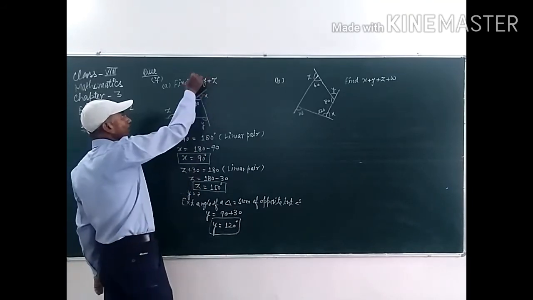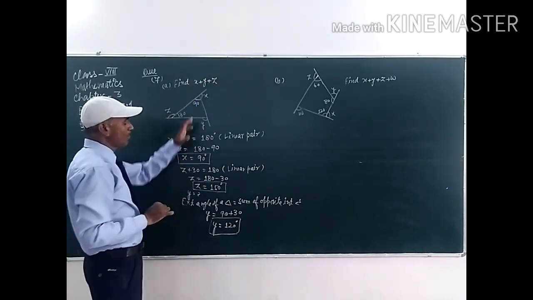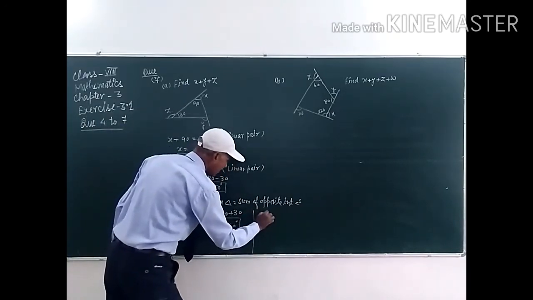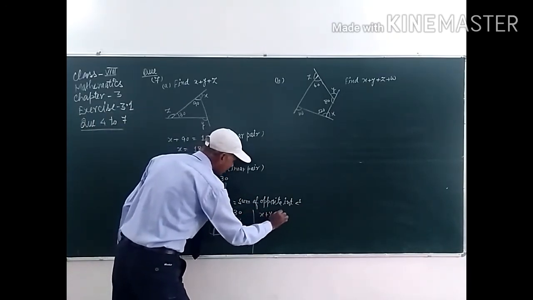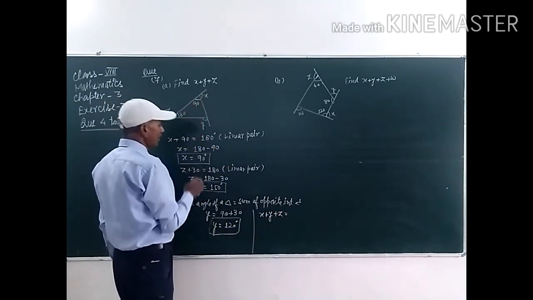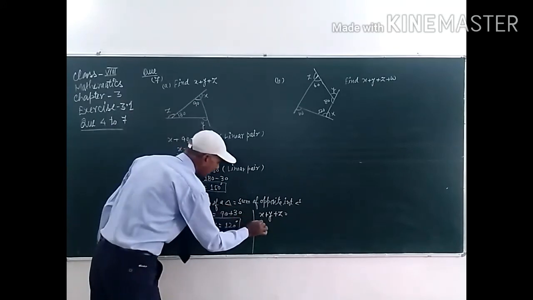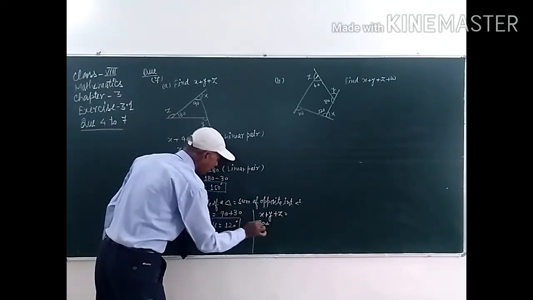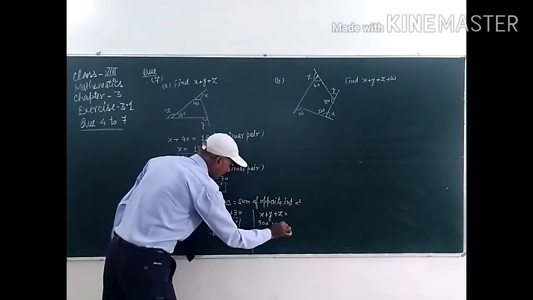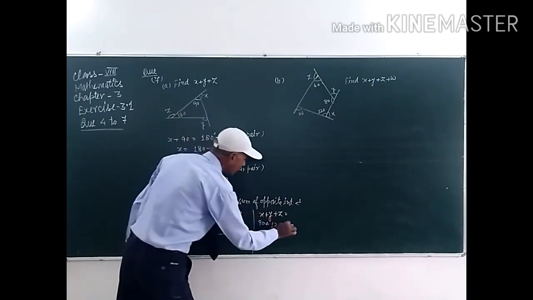Now we have to find out the value of x plus y plus z. So x plus y plus z is equal to the value of x, 90, plus y, 120, plus z, 150.